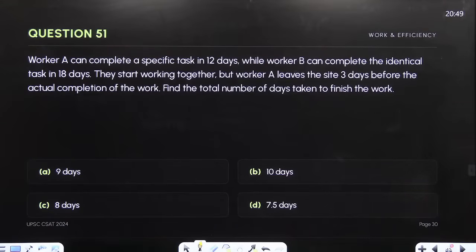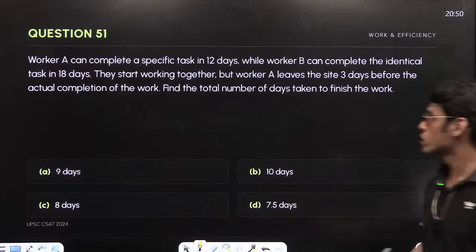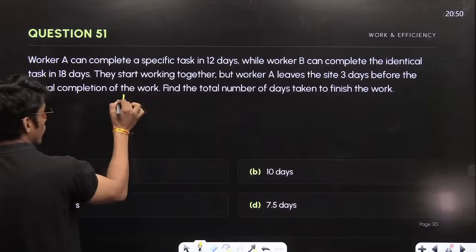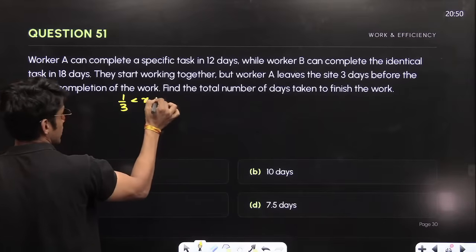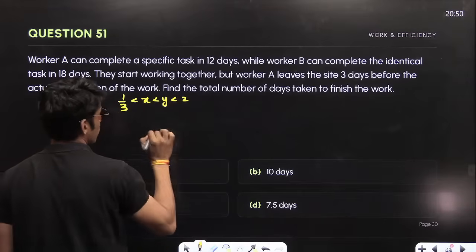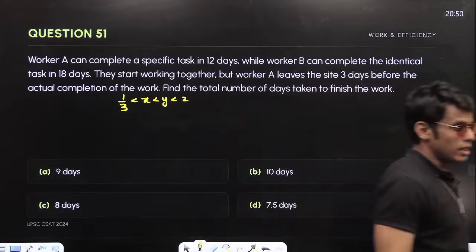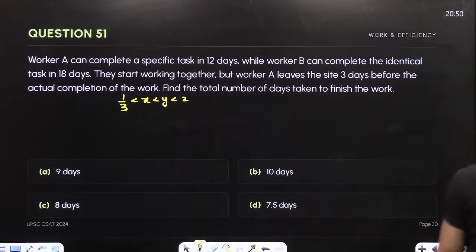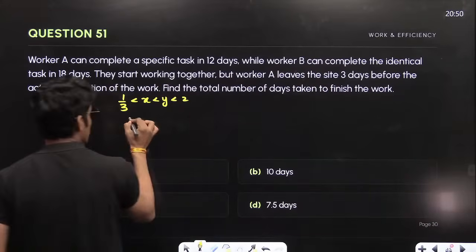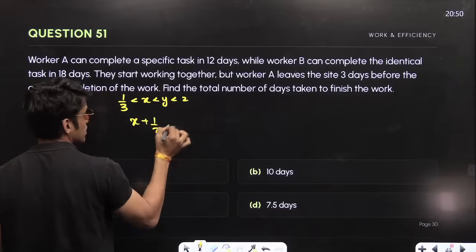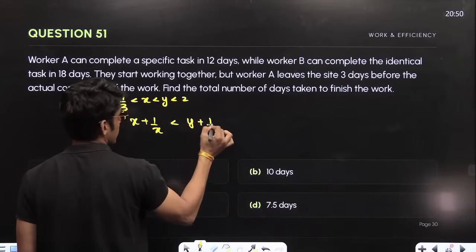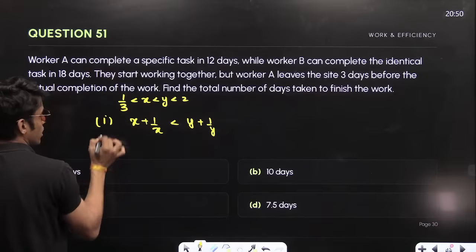So let me see. For 51, right? Yes, 51 was this problem. 1/3 less than x less than y less than 2. This is given. And then statement 1 was x plus 1/x is this. Right? This was statement 1.